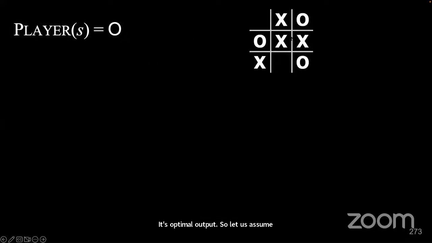Now we need to know how a player decides which action it should select to get its optimal output. So let us assume that now player O needs to pick a move. So it tries to get the minimum possible value.